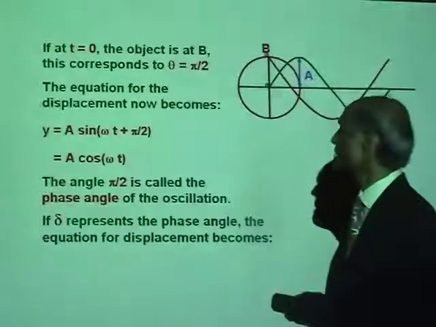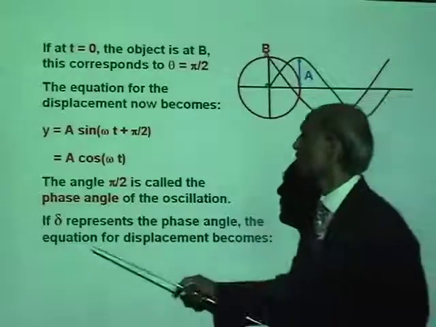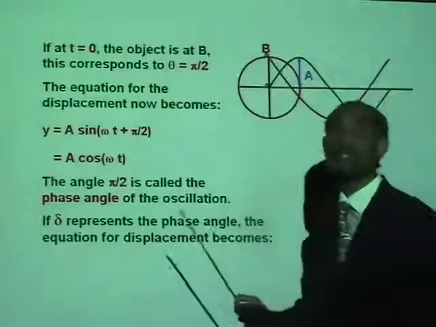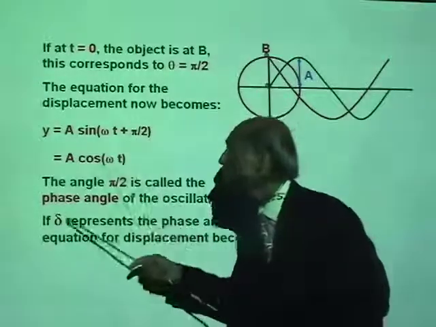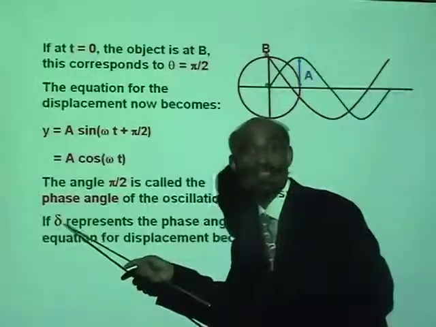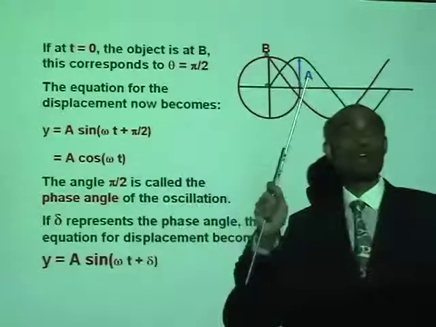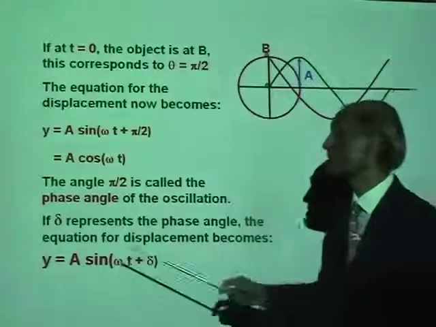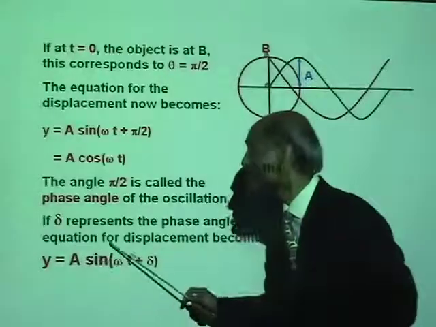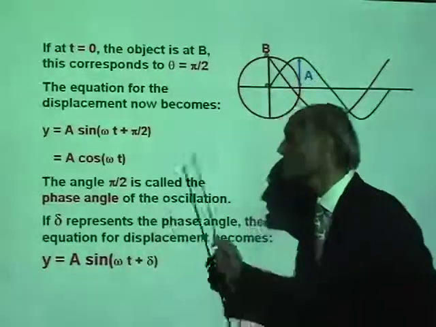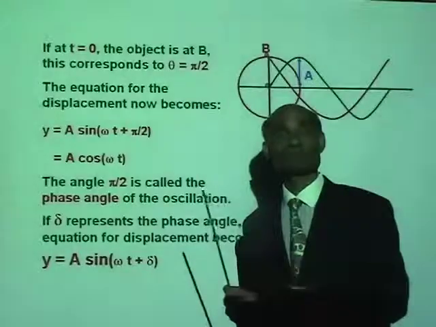If delta represents the phase angle, then in the equation for the displacement, we can replace this pi by 2 by this delta. So what is the general equation of displacement? The general equation is y equal to a sine omega t plus delta.